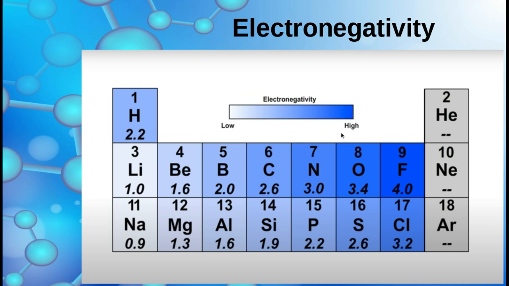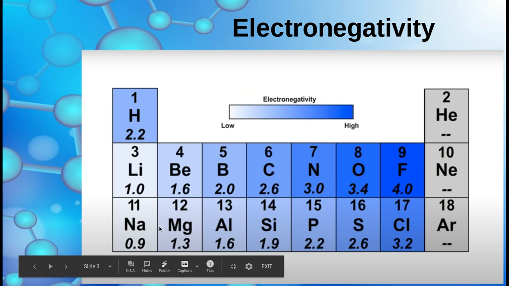So we see the electronegativity chart here. This is low and this is high, and you can tell down here these are kind of low, and these are very high, and these are nothing. If you remember, these are the noble gases, and they don't want electrons, and they don't want to give up any electrons. They're just content the way they are.